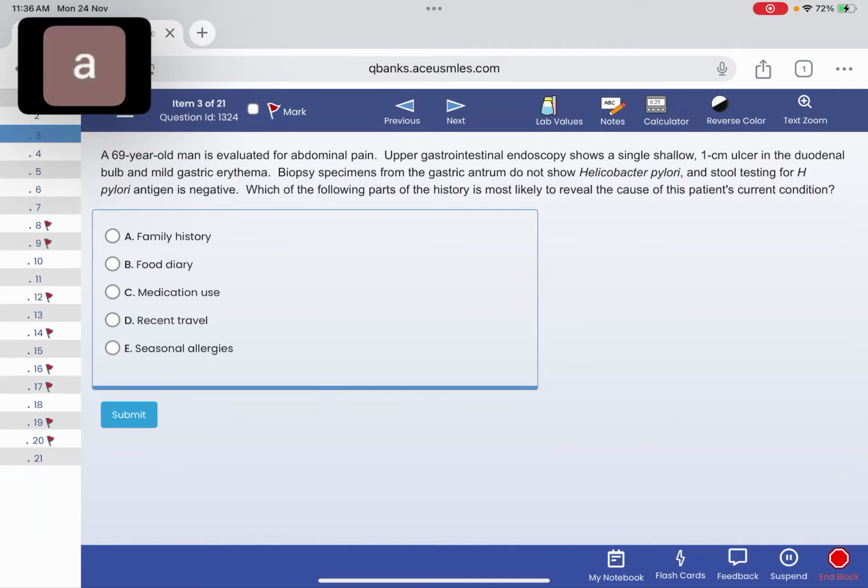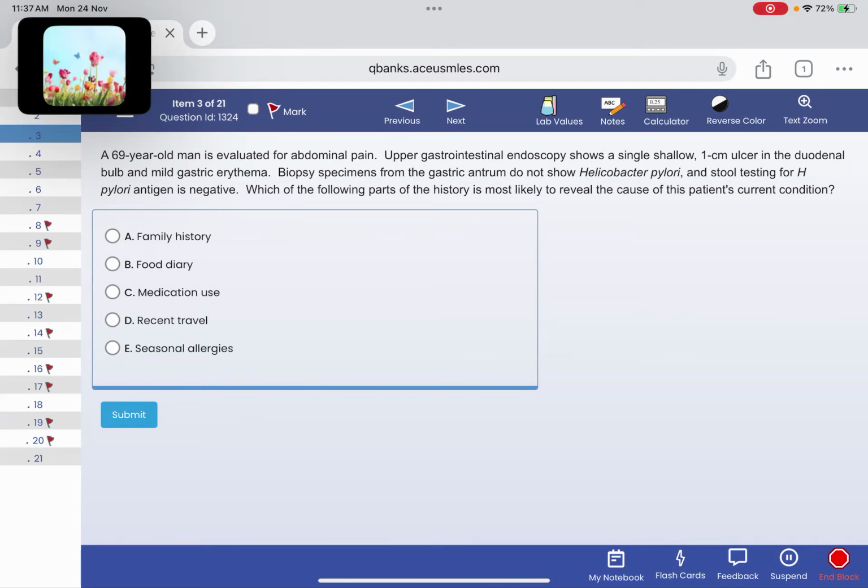Medications. Yeah, so this patient has peptic ulcers, right? And he has no H. pylori infection as shown by this biopsy specimen, and also stool antigen tests are negative, right? So what could be the other important cause for the peptic ulcers?